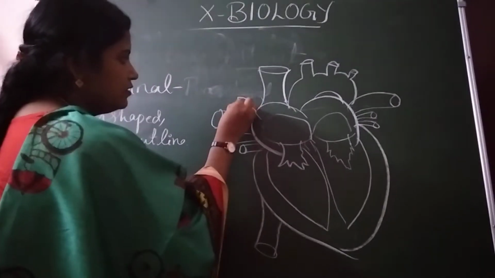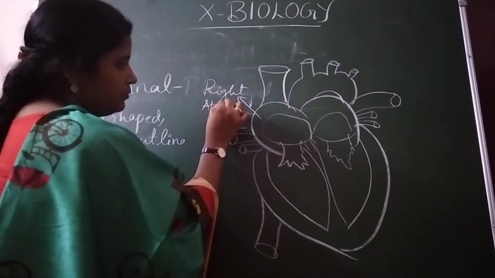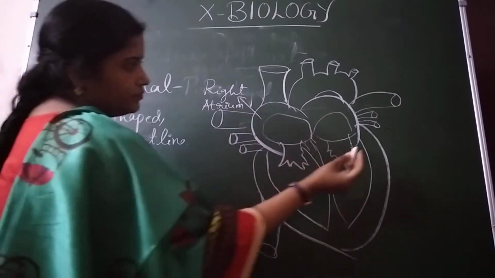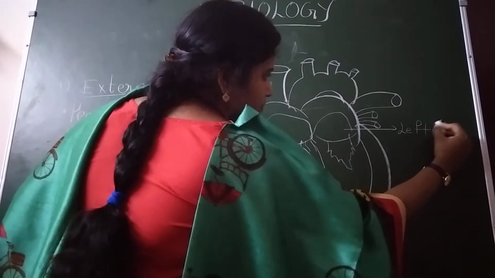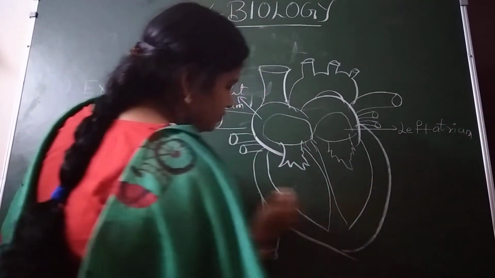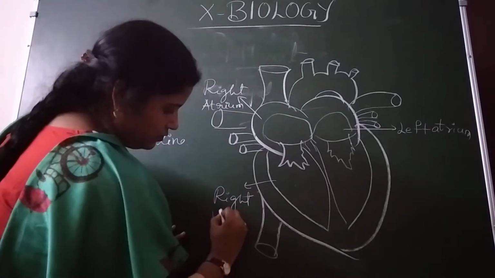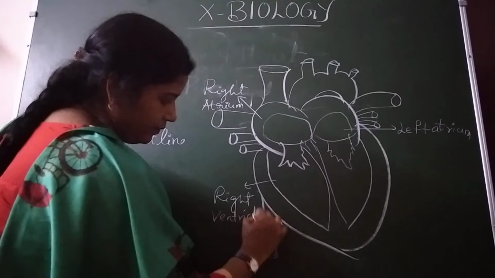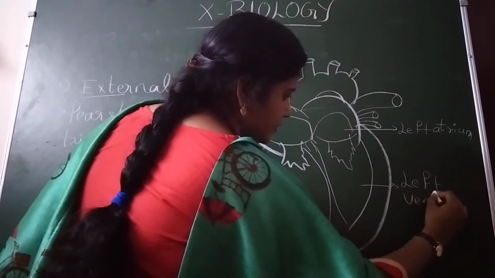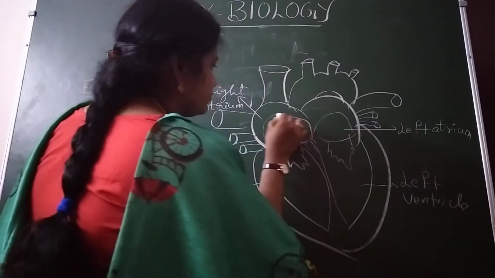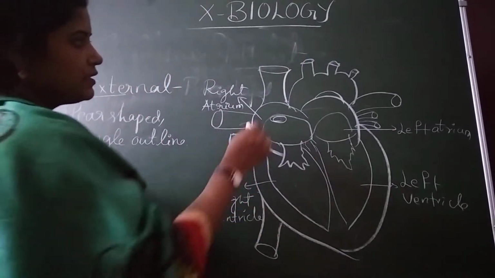This one is the right atrium, left atrium, right ventricle, then left ventricle. After that, these are the blood vessels.